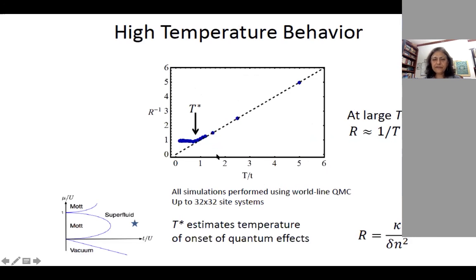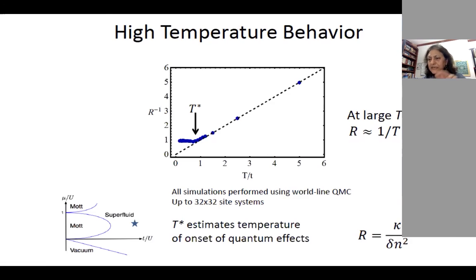So here is a very interesting plot. So let's say I'm sitting in the superfluid and I'm measuring R, which is, once again, this ratio of kappa over delta n square. And so R, by the fluctuation dissipation theorem, which we have seen, goes like 1 over temperature.